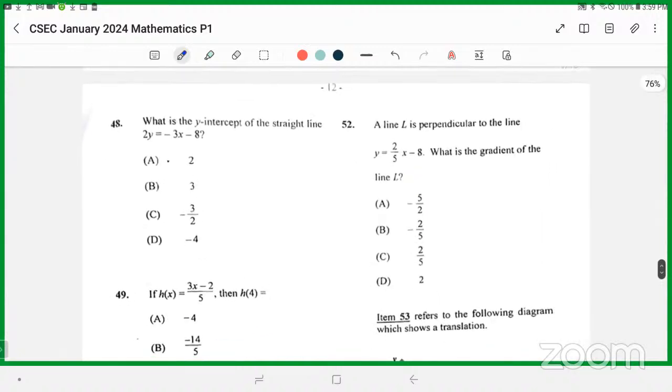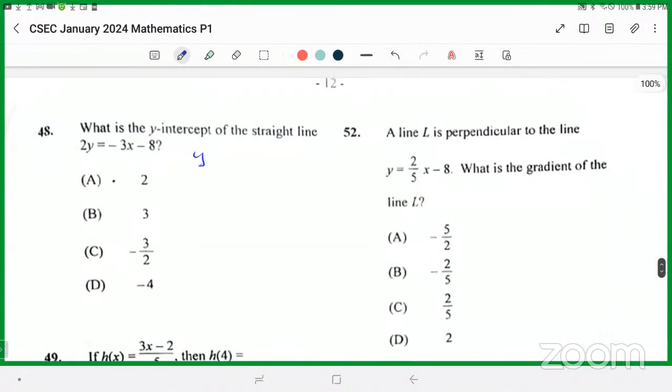This question says, what is the y-intercept of this line? Remember, you get the y-intercept when the equation is in the form y equals mx plus c. The important thing is that you must have y alone as the subject. Right now we have a 2y, so we're going to have to divide by 2.